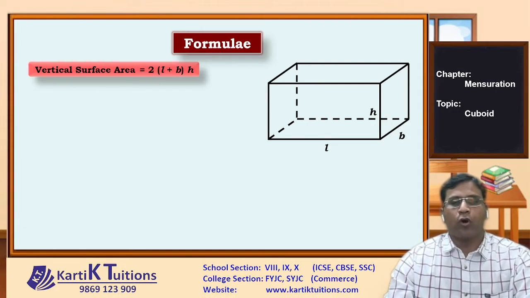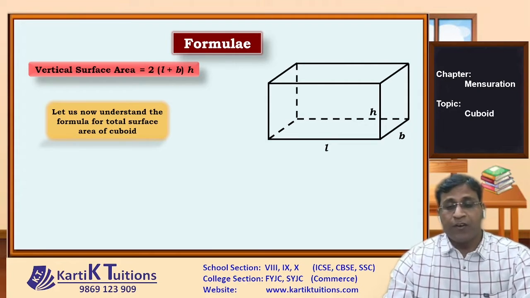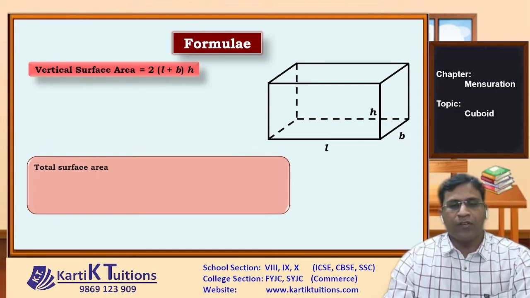Now next we are going to talk about total surface area. Whenever we talk about the total surface area of a cuboid, we are talking about the total area of all six faces, of which the area of four vertical faces we have already found. So the total surface area of a cuboid is vertical surface area plus area of two base faces.